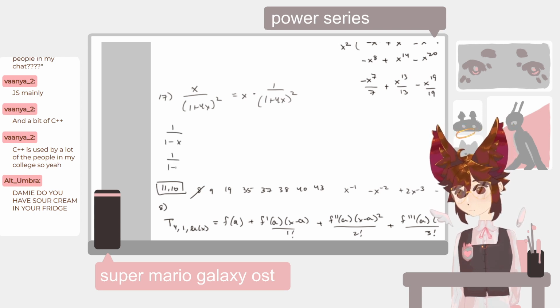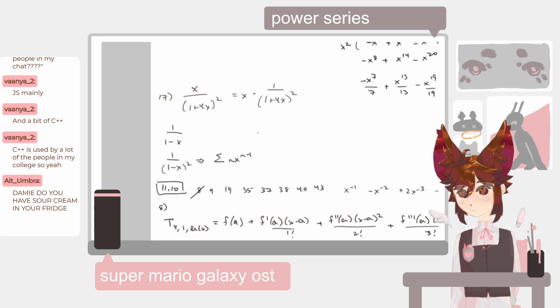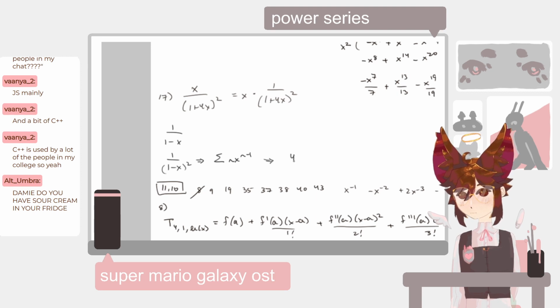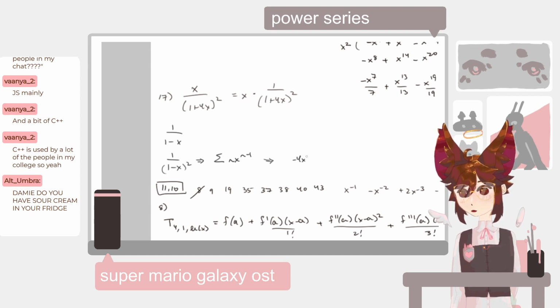If you have 1 over 1 minus x squared, this is going to equal nx to the n minus 1. And then what we have would be like plug in negative 4x and minus 1 n.